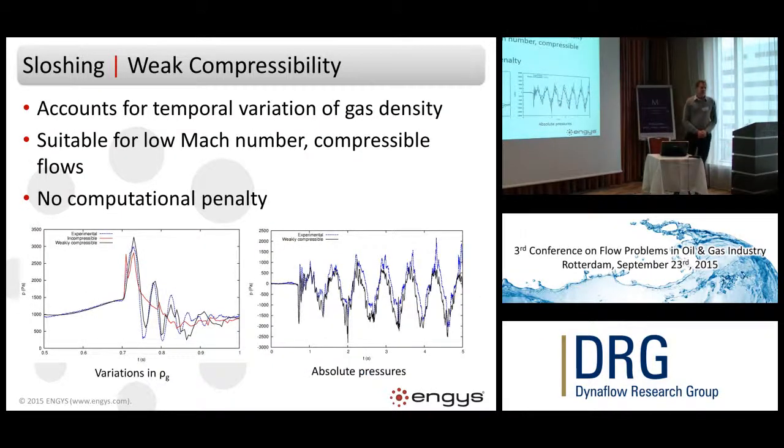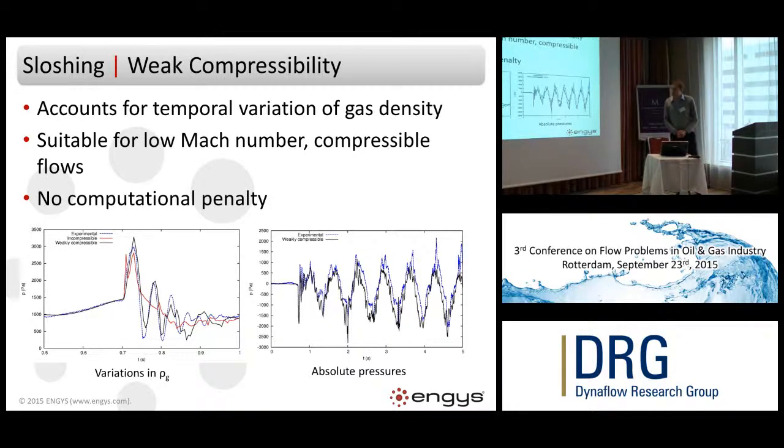And as I mentioned, compressibility has been added to the code, both for the isothermal and non-isothermal code. This allows us to actually predict absolute pressures in a tank, for example. A purely incompressible solver can only give you a difference in pressure between two points, but as you see on the graph on the right, one can make an absolute prediction of pressure.